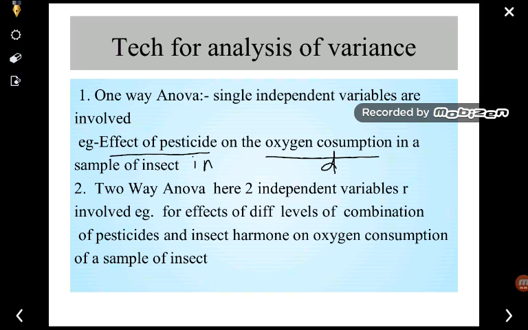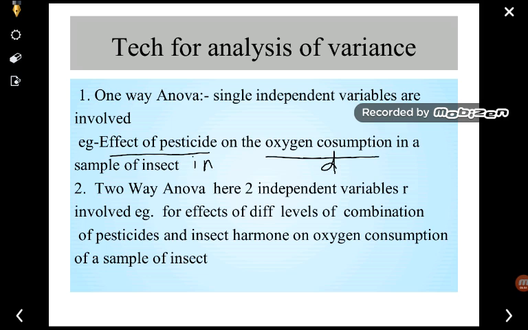So what are the effects of pesticide on oxygen consumption in a sample of insects? If we apply a particular pesticide, what are the effects of this pesticide on the insects?